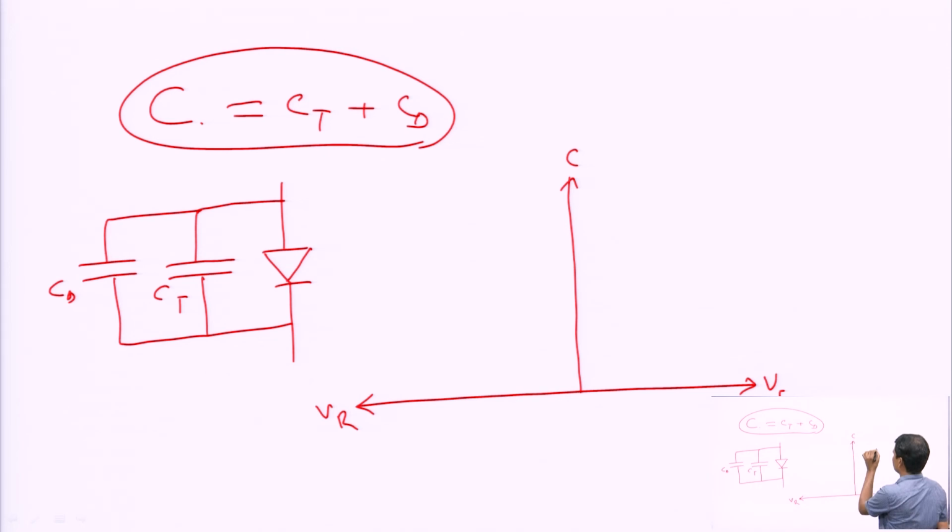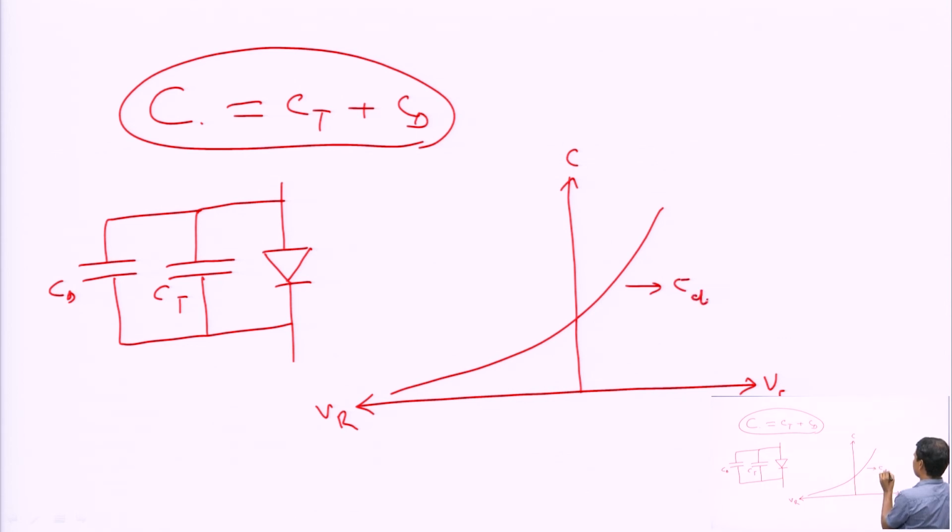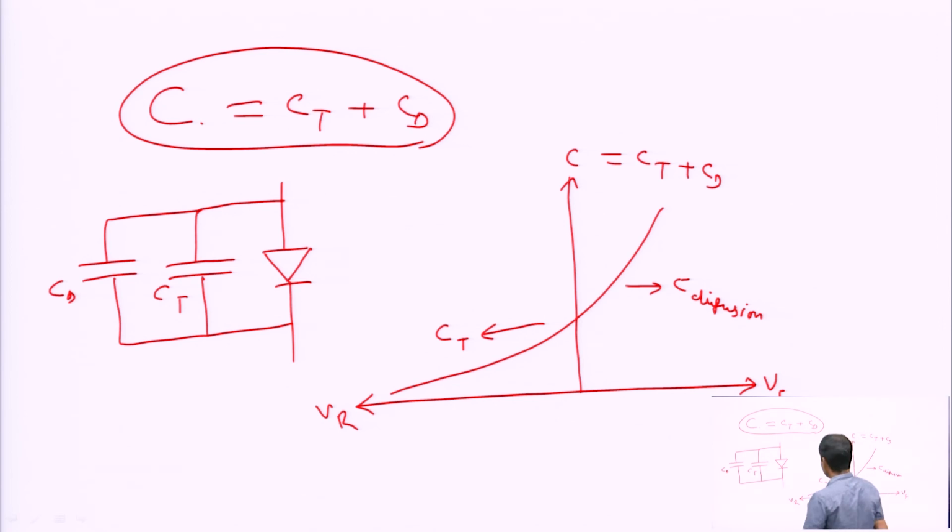Here diffusion capacitance, C diffusion, is dominant, and here is the transition capacitance, and C is equal to Ct plus Cd. And this is 0.